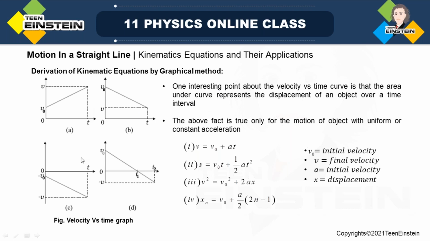You can see I have shown you here a figure. This is the velocity time graph A, B, C, D. These graphs I had already discussed, with positive acceleration, negative acceleration, and uniform accelerations. The beauty in this velocity time graph is that the area under the curve will give you the displacement of an object over a time interval.